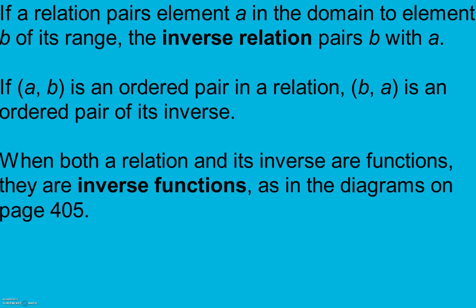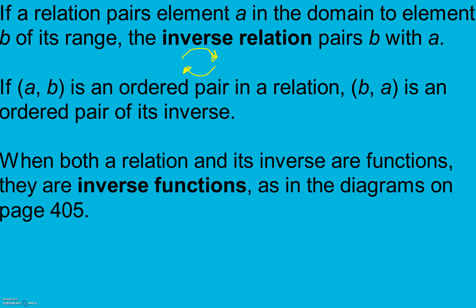If a relation pairs elements a in the domain to elements b of its range, the inverse pairs b with a. So if we have a relation and we start with a as an input and output b, in its inverse relation we start with an input of b and output a. It's kind of like your normal function goes this way and your inverse goes backwards.